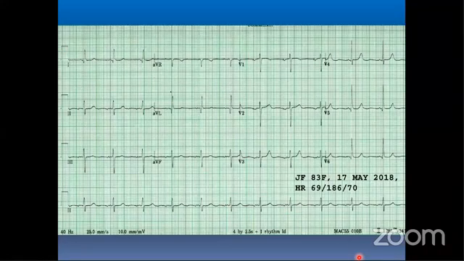Sir, this is a 12 lead ECG calibrated at normal 25 millimeter per second and 10 millimeter per millivolt.